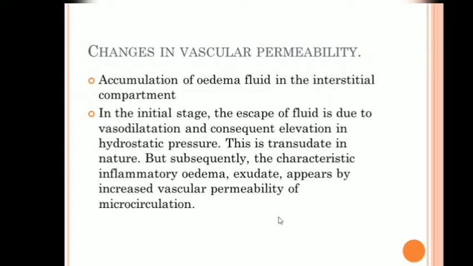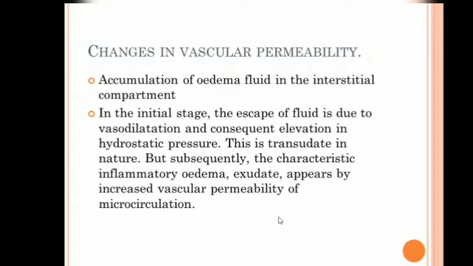In the initial stage, the escape of fluid is due to vasodilation and consequent elevation of hydrostatic pressure. This is transudate in nature. But subsequently and gradually, the characteristic inflammatory edema exudate appears due to increased vascular permeability of the microcirculation.